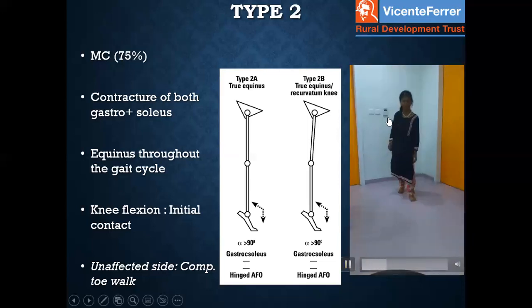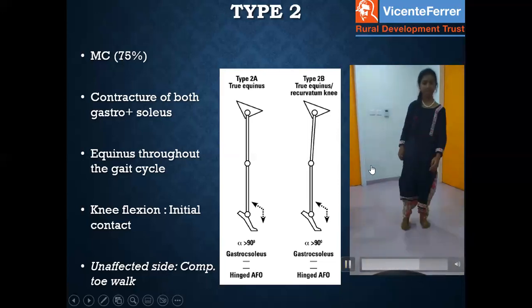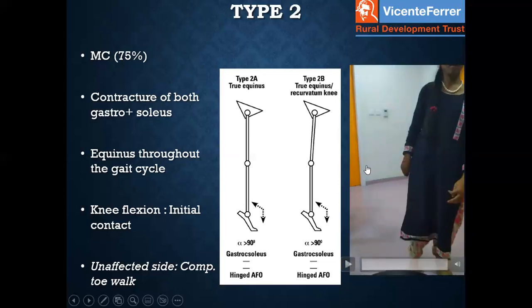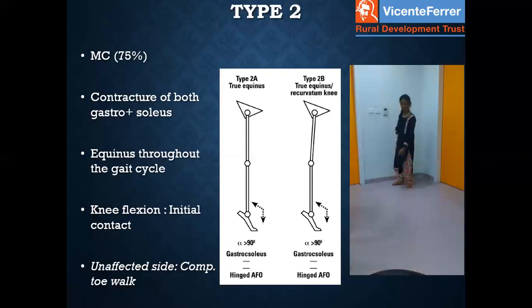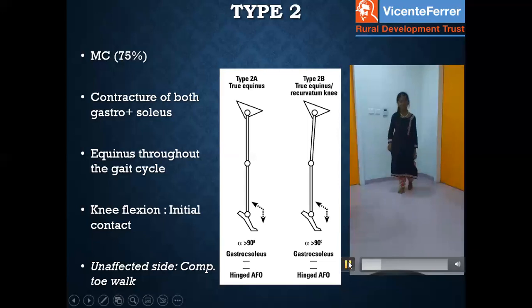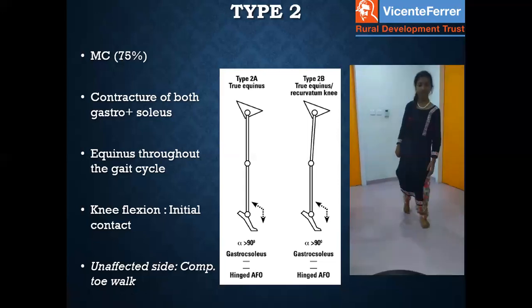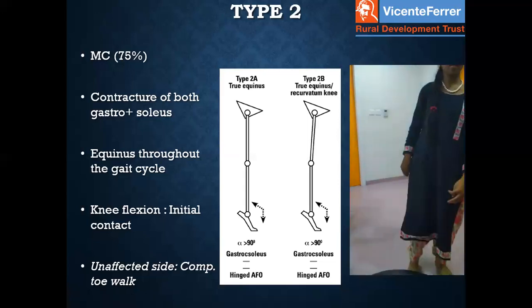And what's happening in the right upper limb? There is flexion at the wrist and elbow joint. Okay. So there is a loss of associated movements in the right upper limb.